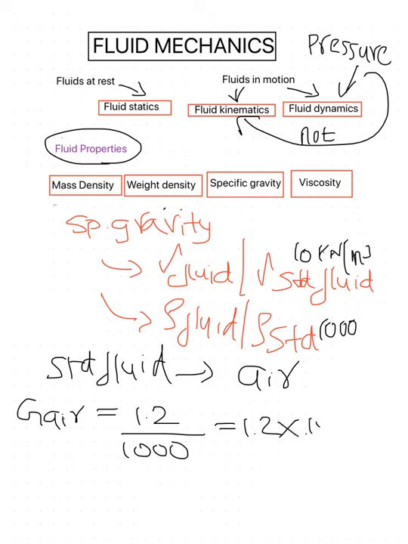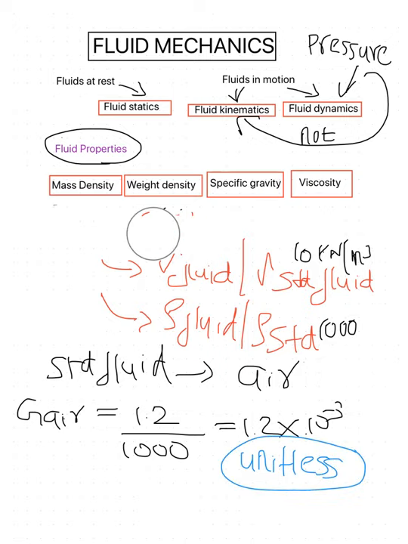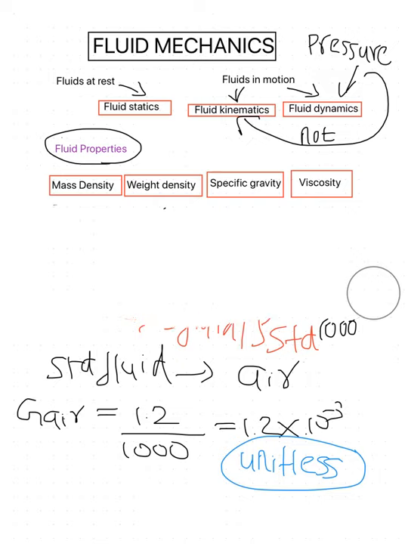Okay, so this is 1.2 into 10 raised to minus 3. Now, what is the unit of this? Since it is a ratio of the same terms on both sides, numerator and denominator, this is unitless. So there is absolutely no unit for specific gravity.